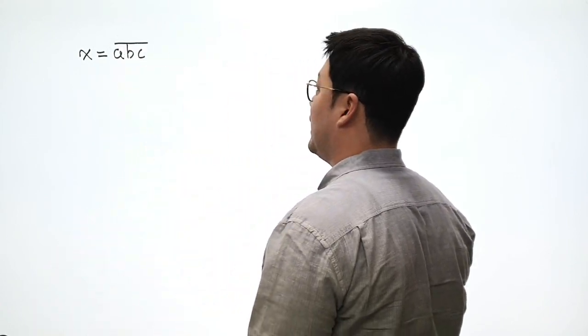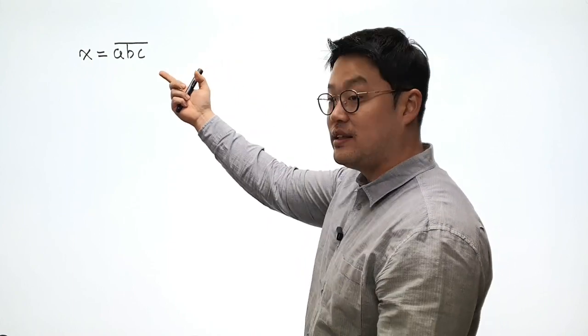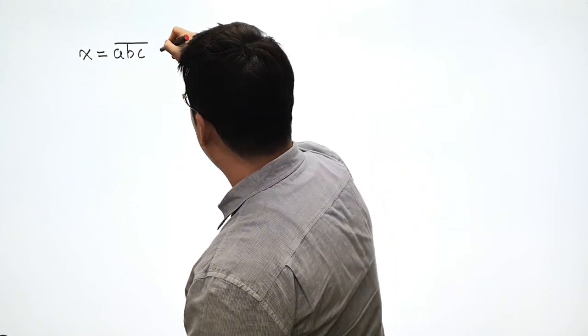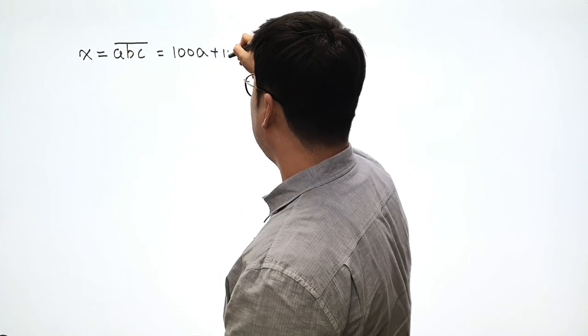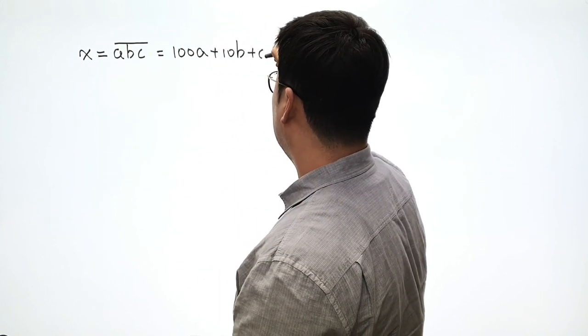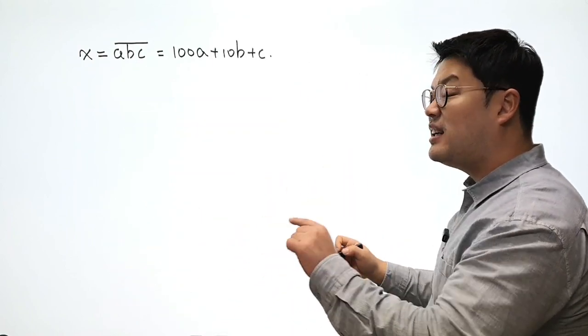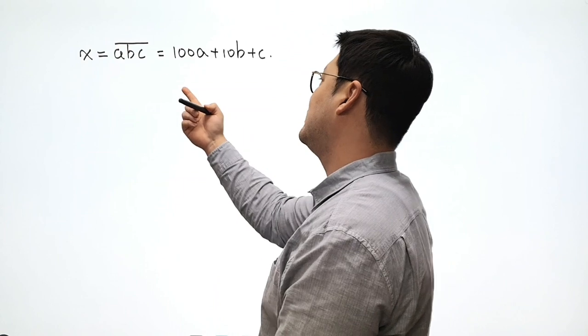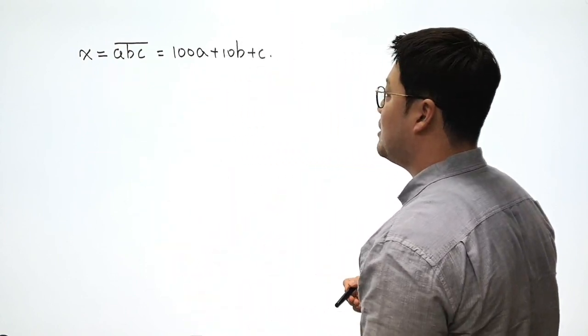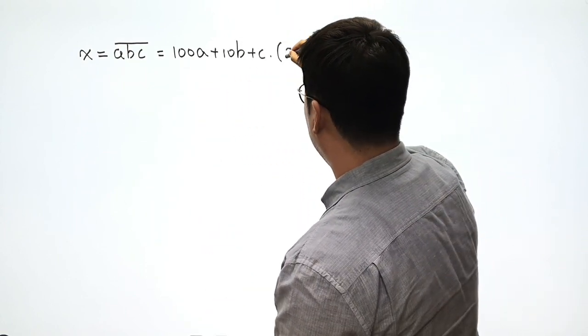We put an overline so that it tells us that X is 100A plus 10 times B plus C, and X has to be between 100 and 999. That means that's just going to be a 3-digit number, so A is not going to be 0.